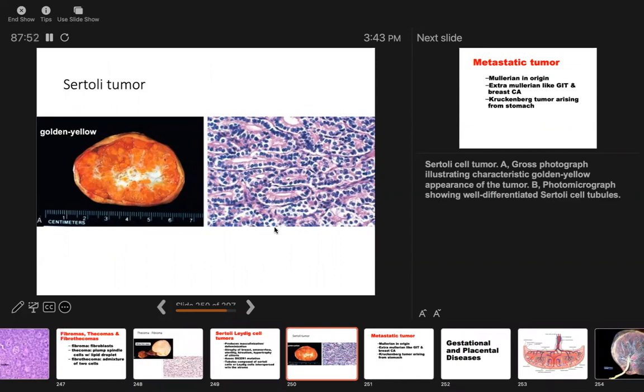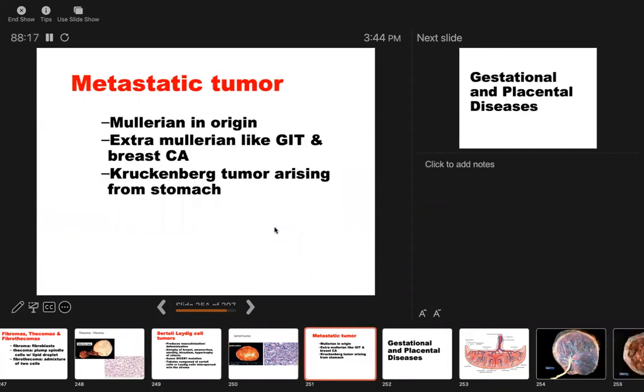If the fibroma thecoma is yellowish, Sertoli tumor is classically golden yellow in appearance. Okay? It is usually well differentiated, in which, as shown in the image right now, you see tubule formation. Then you have also your intermediate and poorly differentiated categories.